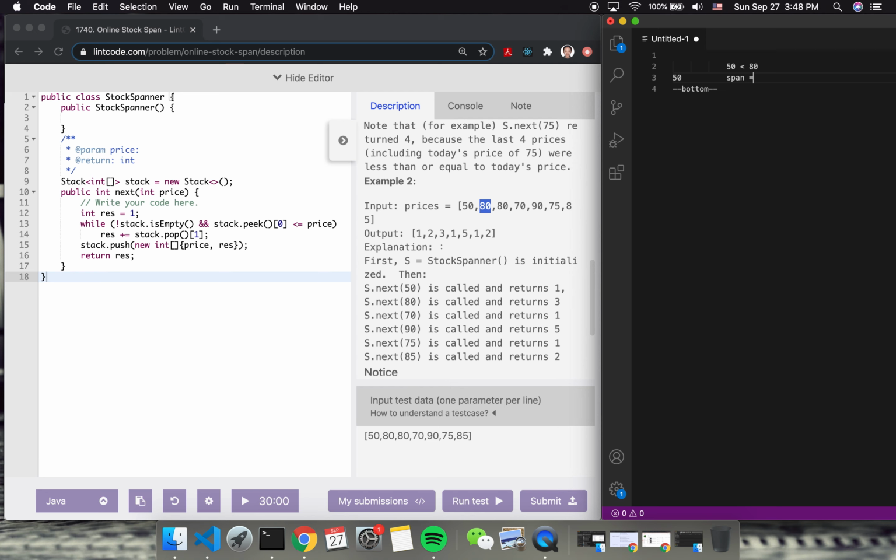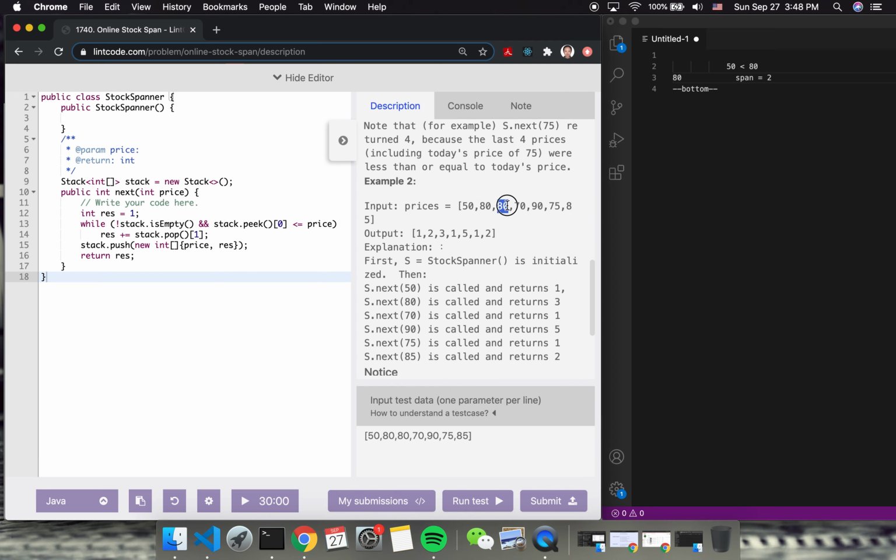Now the span is 2, because 80 itself equals 80, so 1 plus 1 is 2. After that, we pop out the element from the stack, and then we push our current element 80 into the stack.